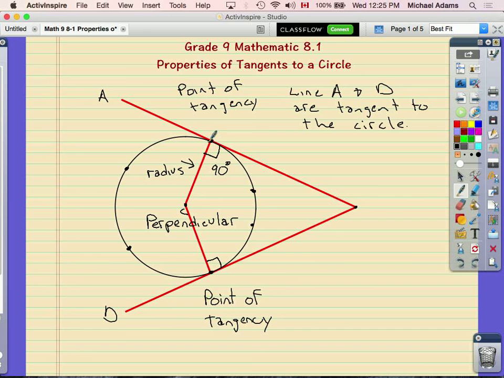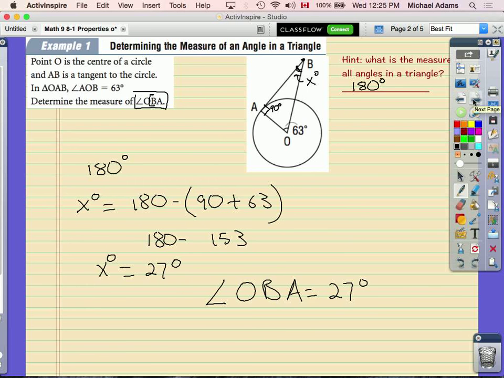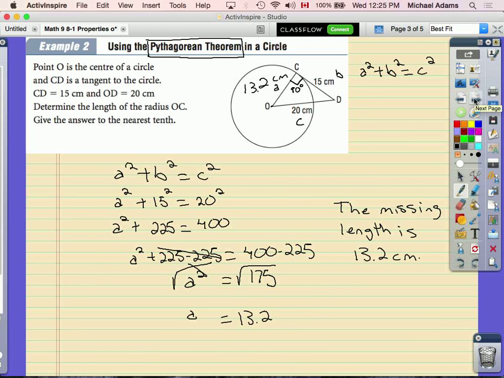So this line A, started from here, intersects the circle once. So that's the tangent line. The tangent line is always perpendicular to the radius, and a perpendicular angle is always 90 degrees. When we know that, then we can solve problems like this and like this, what we just did.